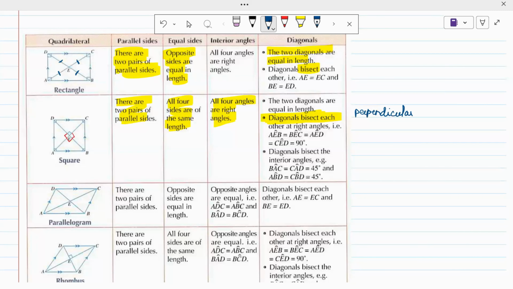So this is an important property to be remembered from the coordinate geometry point of view also. So perpendicular bisector: the two diagonals are perpendicular bisectors of each other.